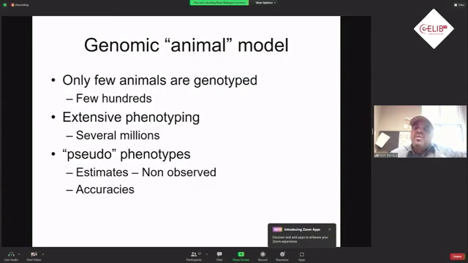So the majority of the animals up to today are not genotyped, although we have a large number of genotyped animals. For other populations, you have just a few hundred individuals that are genotyped, and the vast majority are non-genotyped.